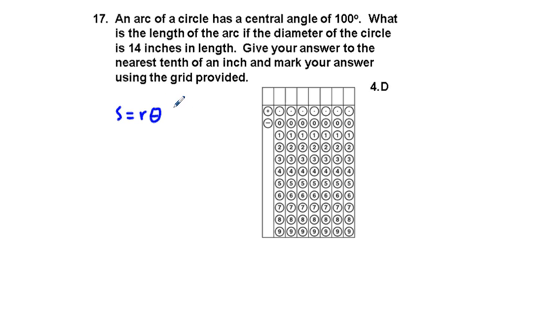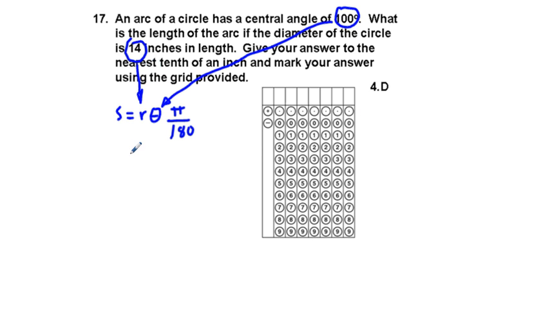We're going to multiply this by pi over 180 if we have degrees. So we're going to take this 100 degrees right here, plunk that in here. We're going to take this 14. Well, the problem is 14 is not the radius, but 14 divided by 2 is the radius.